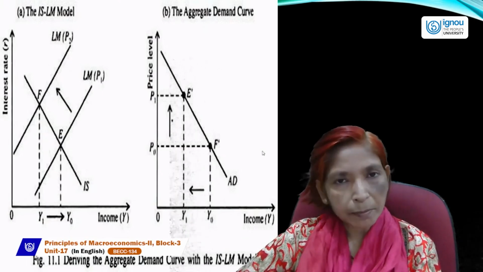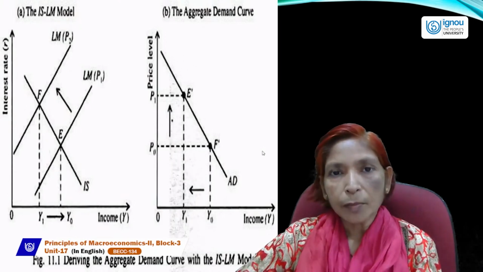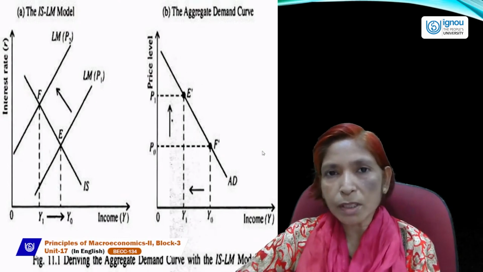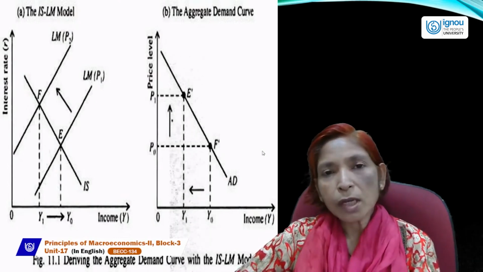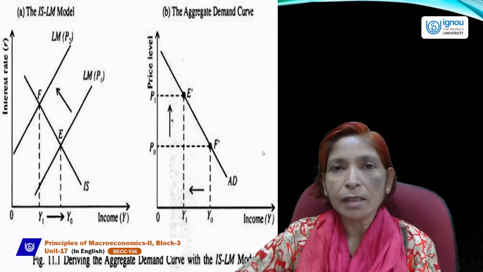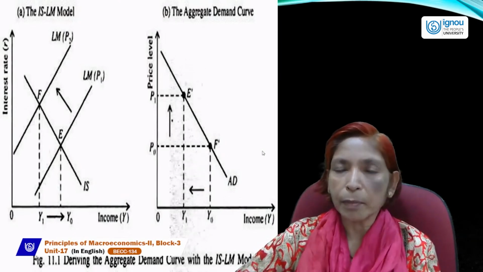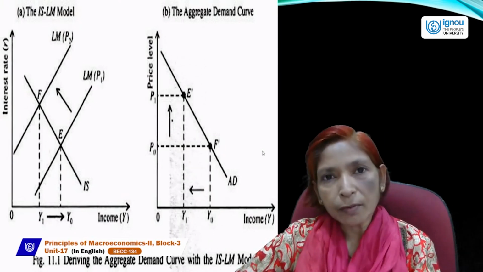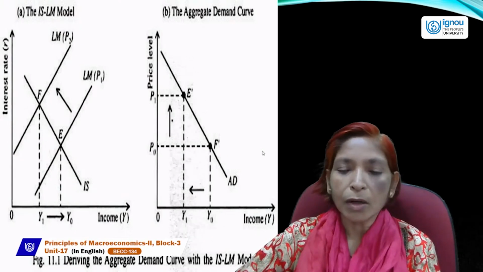And due to a fall in price, demand will rise. Due to the rise in demand, production will rise because producers will be motivated to produce more goods and services as demand is higher. When producers produce more goods and services, they will invest more money in their business enterprises. Due to the increase in investment, the employment level will also increase in the economy.